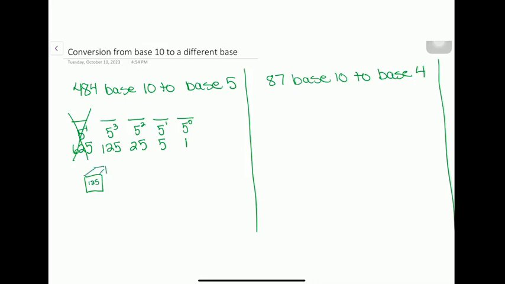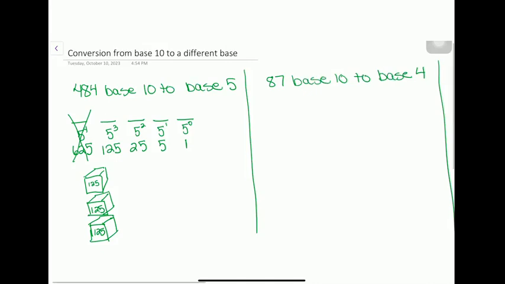And then if we package another box, that would be another 125. So now we're at 250. If we package a third box holding 125, we are now at 375. We can't package another box because it would be too many candies. That last box wouldn't be full. So we're going to say we could do 3 of these boxes.